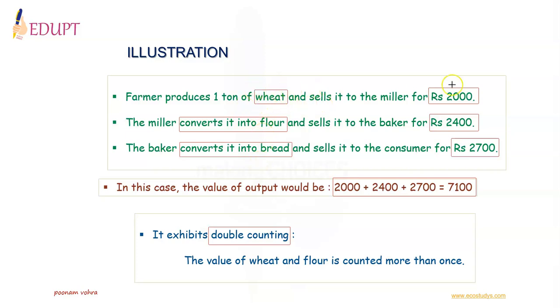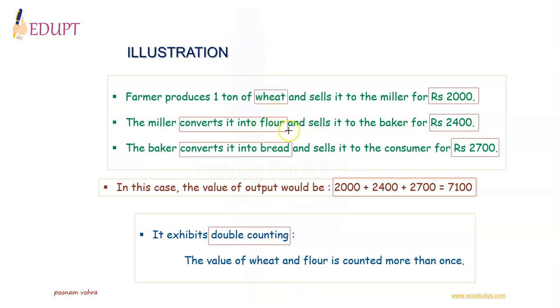One as a final product by the farmer, then by the miller as an intermediate product, and then by the baker as an intermediate product. So intermediate product is considered twice. The value of wheat is considered 3 times.